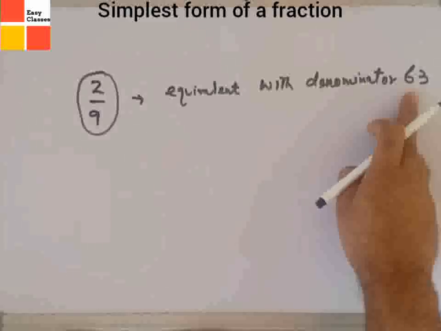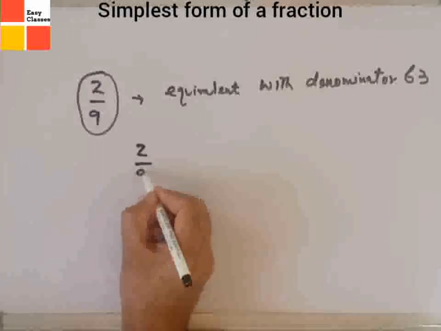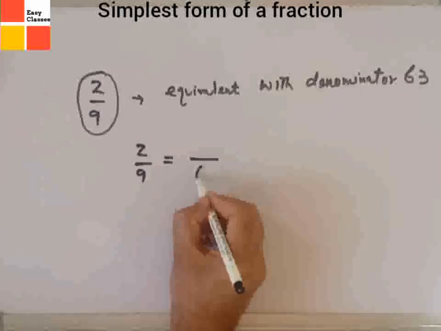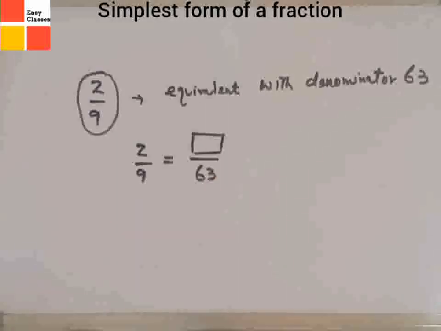That equivalent fraction must have denominator 63. So 2 by 9 is equal to something by 63, and we do not know what would be here.